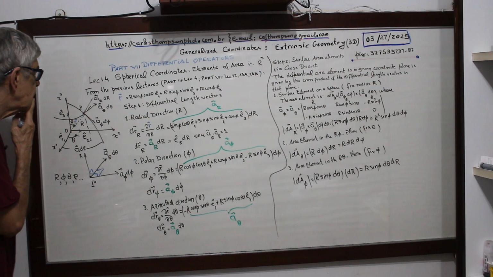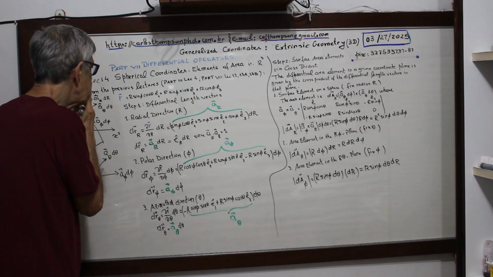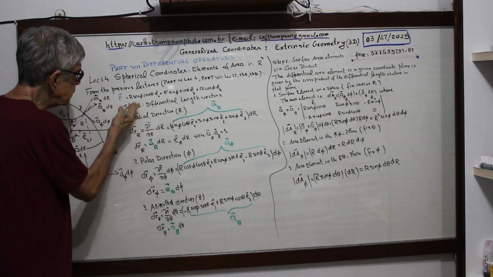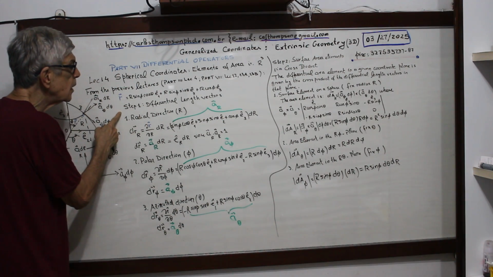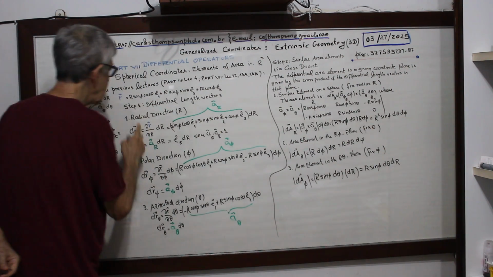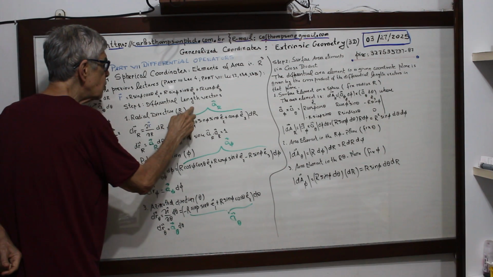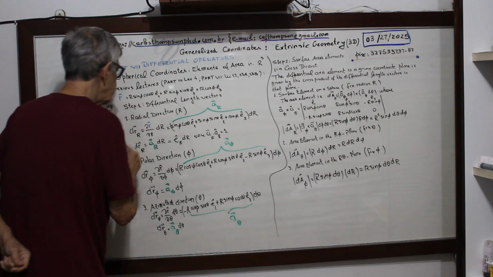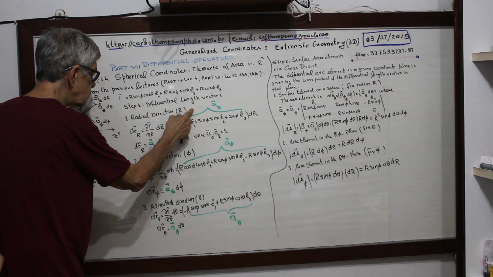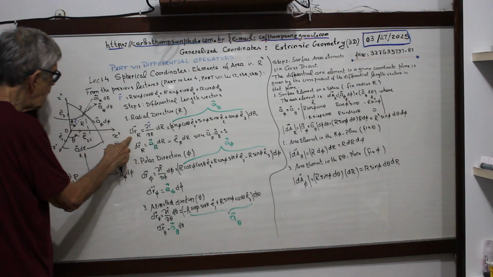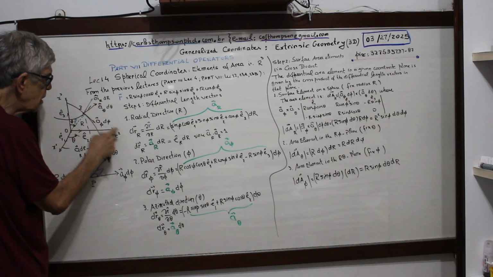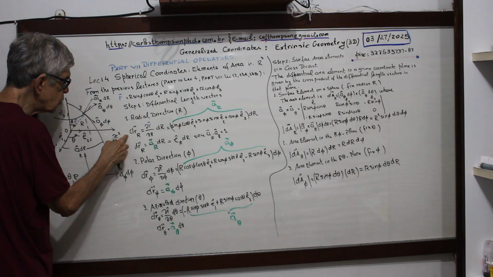Now, let's divide into step 1 and step 2. Step 1, differential length vector, radial direction. I already wrote this here, but this is the definition.